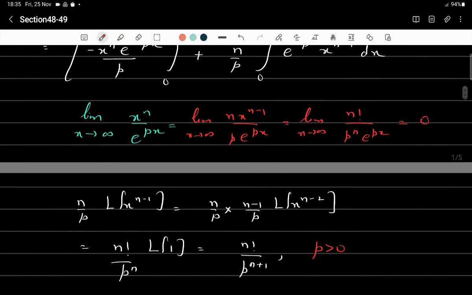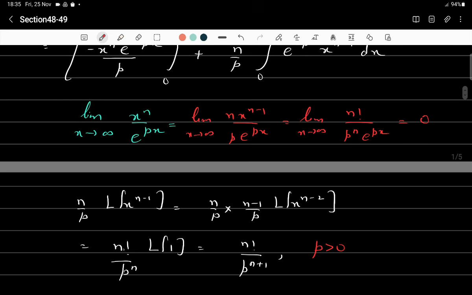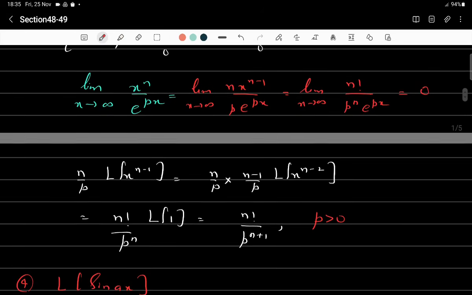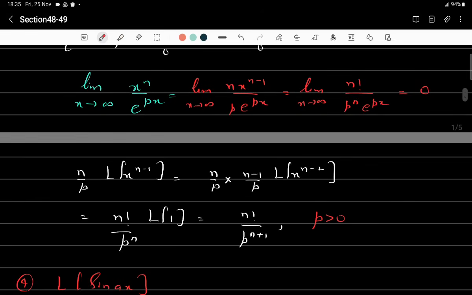And if you keep doing it, then in the end you will have n factorial by p raised to the power n and Laplace of 1. We have just seen that Laplace of 1 is 1 by p. That's why Laplace of x raised to the power n, where we are considering n to be a natural number, is n factorial by p raised to the power n plus 1.